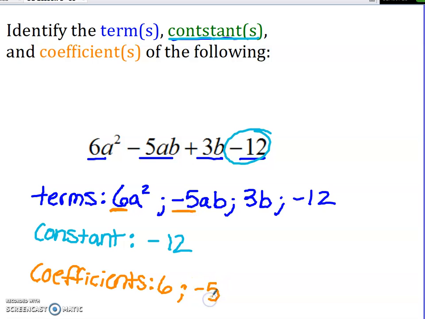So negative 5 is our coefficient there. 3b tells us we have 3 b's. So 3 is our coefficient. And constants don't have coefficients, so we don't have to worry about that there. All right, hopefully those vocab words are making sense to you.